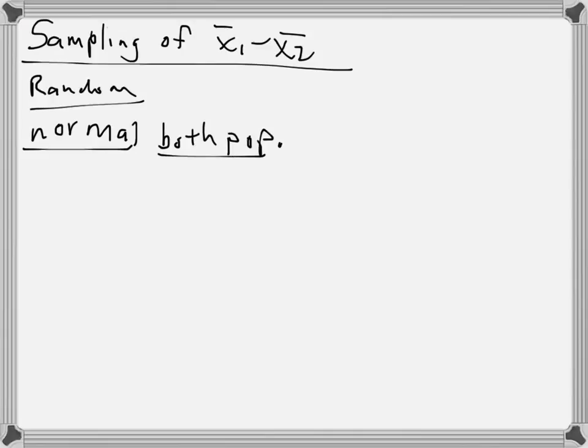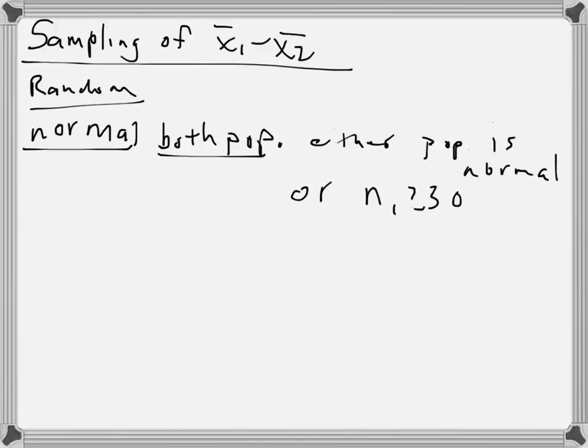So for both populations, either the population is normal to begin with, or, like in our example, n1 is greater than or equal to 30, and n2 is greater than or equal to 30.